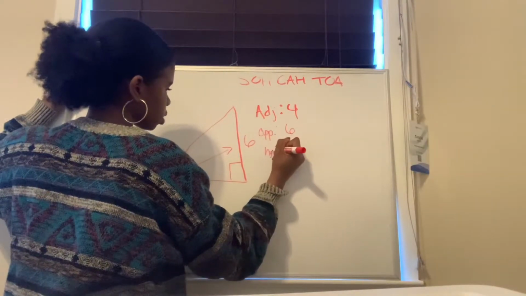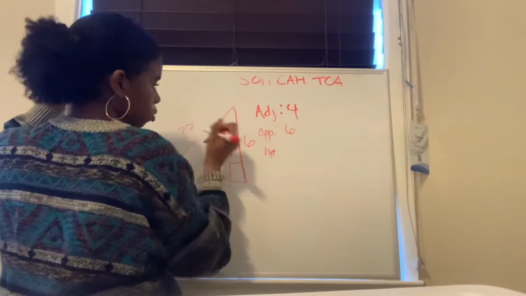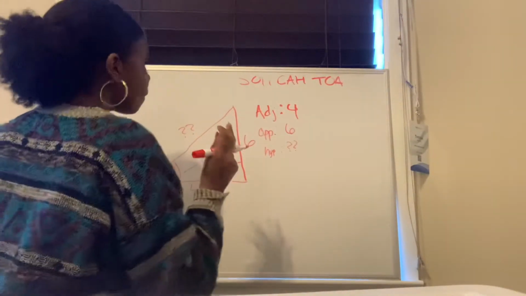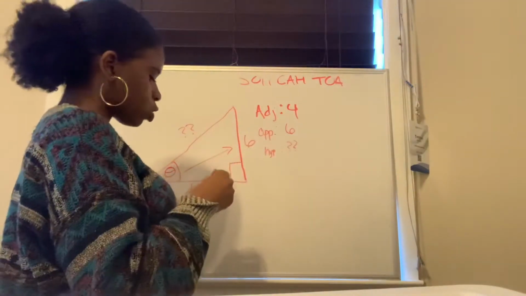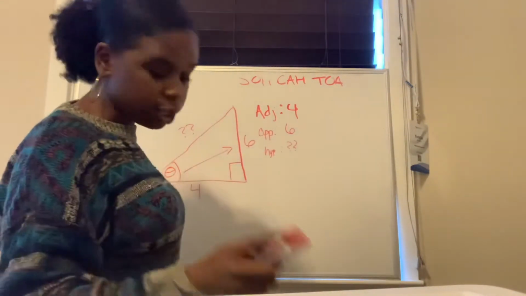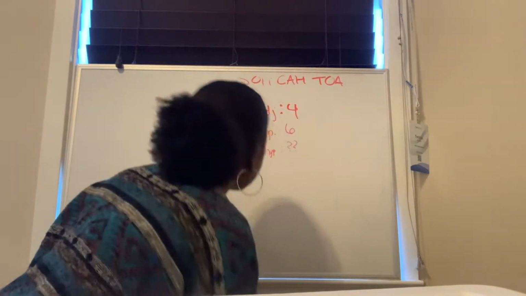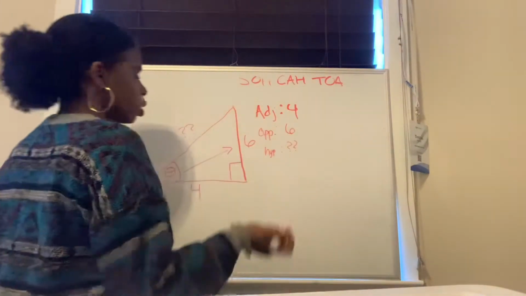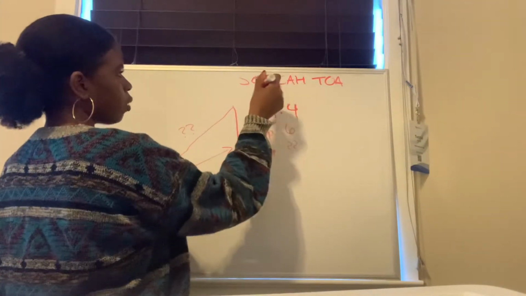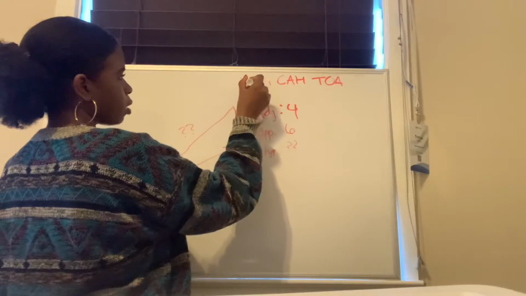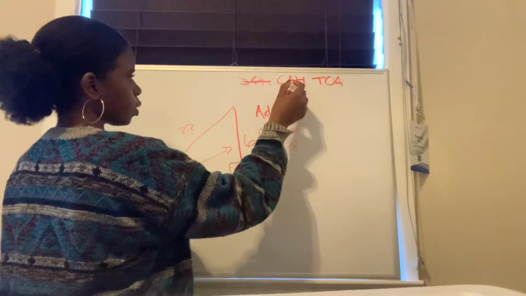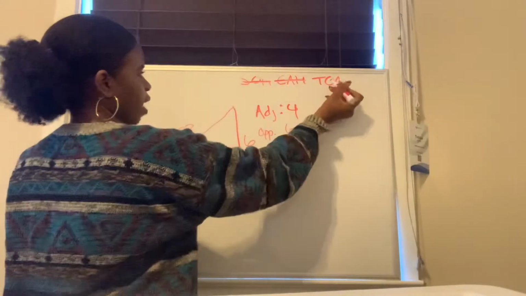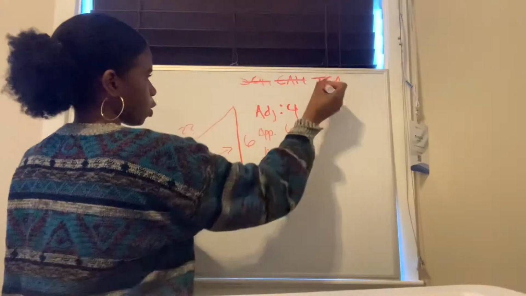Our hypotenuse, we don't know what the hypotenuse is. But thanks to the SOH CAH TOA rule, we don't need to know. So, looking at this chart, okay, let's see. We have the opposite, but we don't have the hypotenuse, so we can't use that. This one, we have the adjacent, but we don't have the hypotenuse, can't use that. This one, we have the opposite and we have the adjacent, so we're going to use this one.